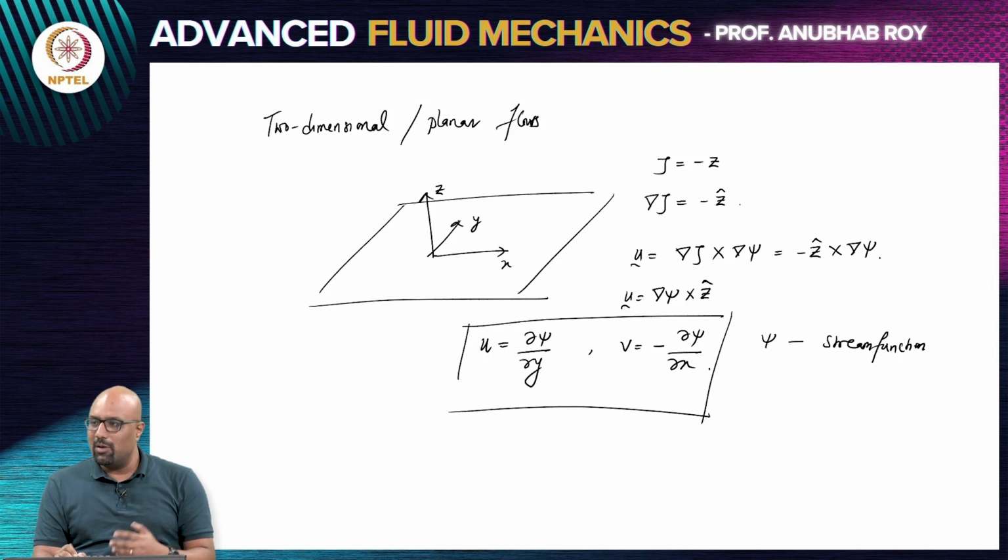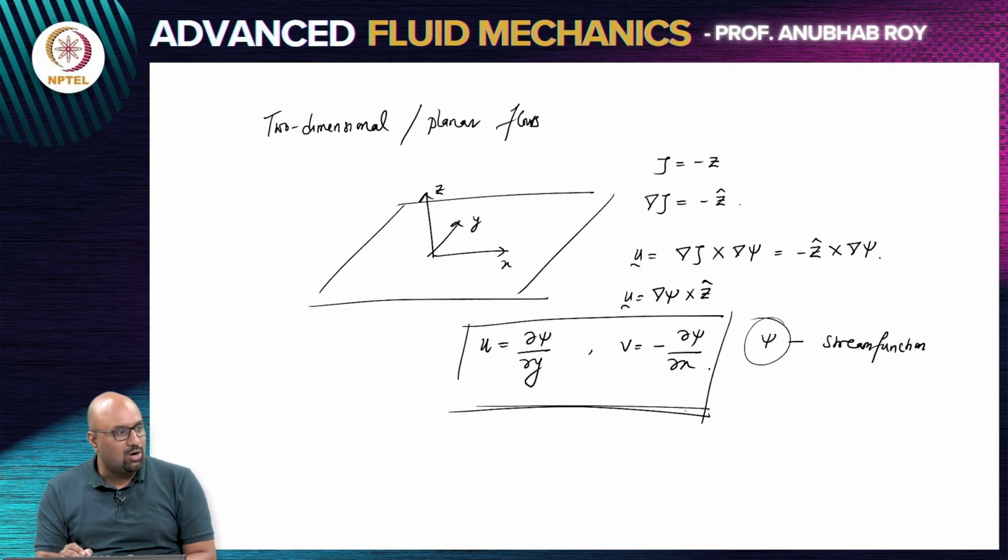For the 3-dimensional problem, it can get a little difficult to visualize, because you are thinking of 2 families of surfaces that are intersecting and streamlines are going to thread those intersections. When you come to 2D flows, you just have this one single function psi which gives you the two components of the velocity field.